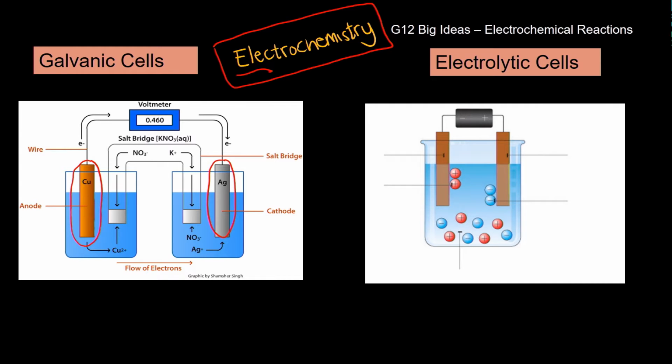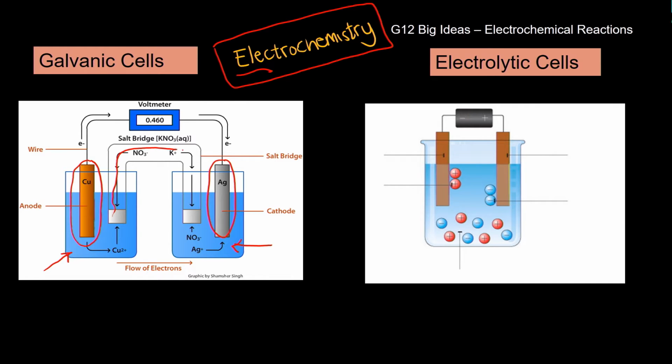They are strips of metal that are placed in a solution, and the solution is called an electrolyte. So those solutions are called electrolytes, and the strips of metal called the electrodes are placed in those electrolytes.